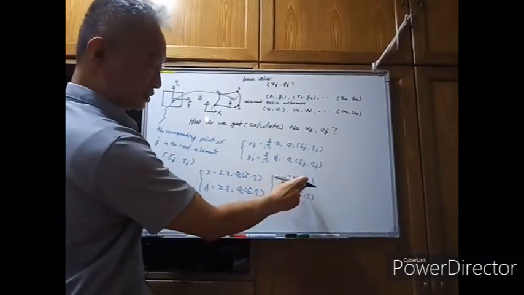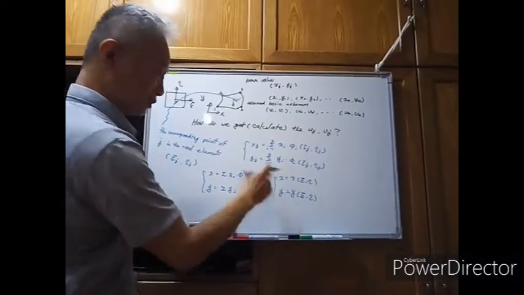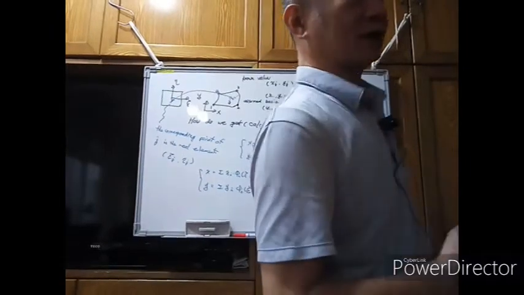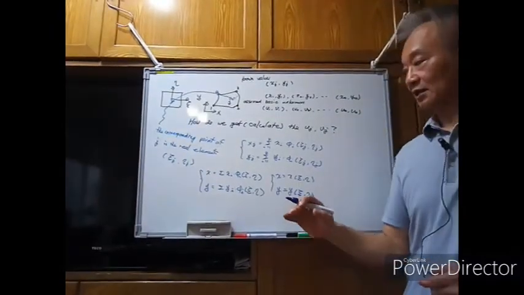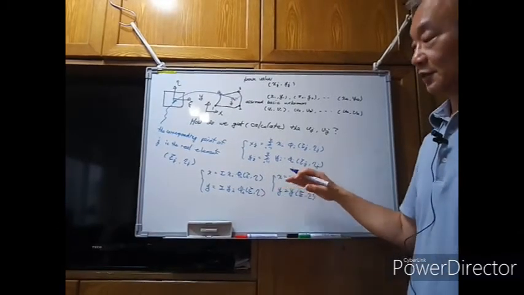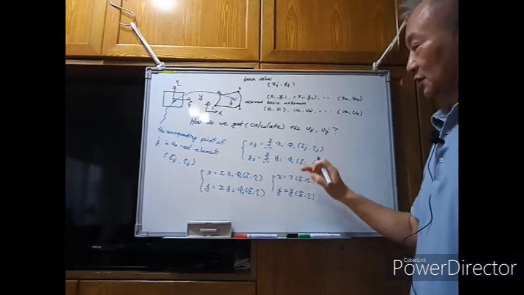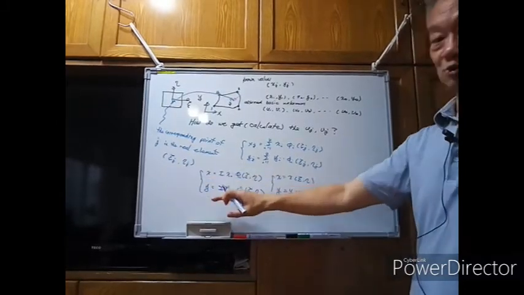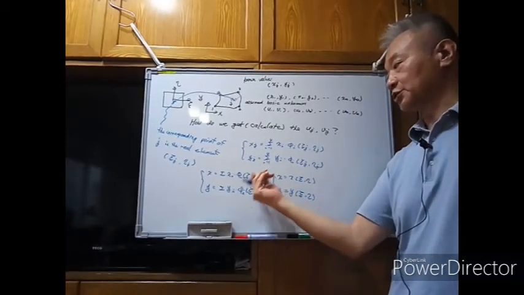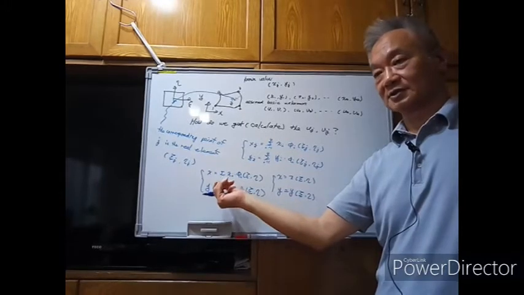If we know the xi and the eta, then it is relatively much easier to get the corresponding x and the y, since when we develop the interpolation functions, the shape functions, we have these two formulas, so it is not difficult to use the known xi and eta to get the corresponding x and the y.